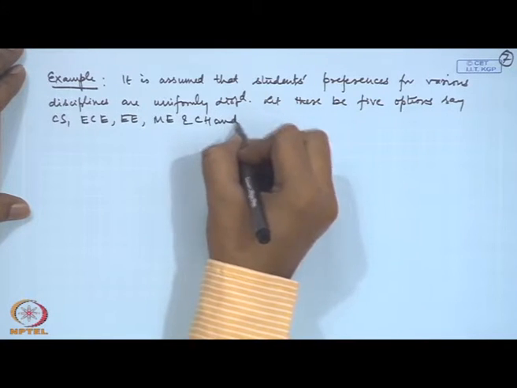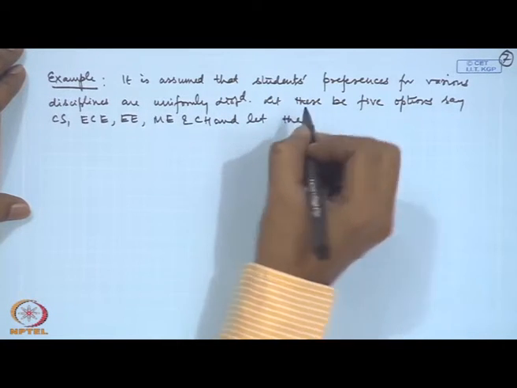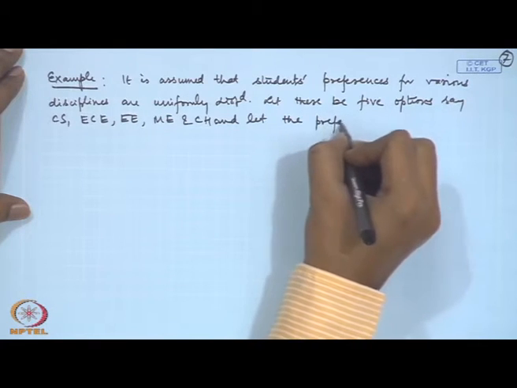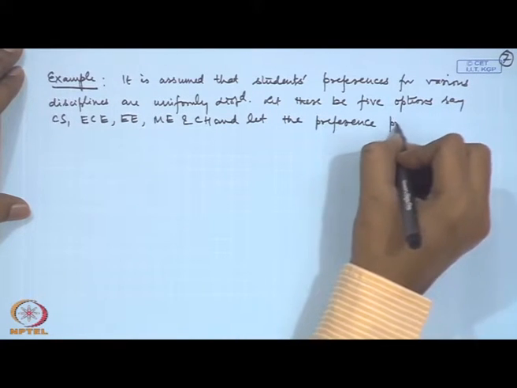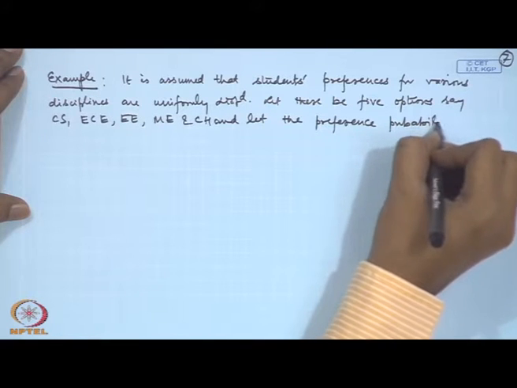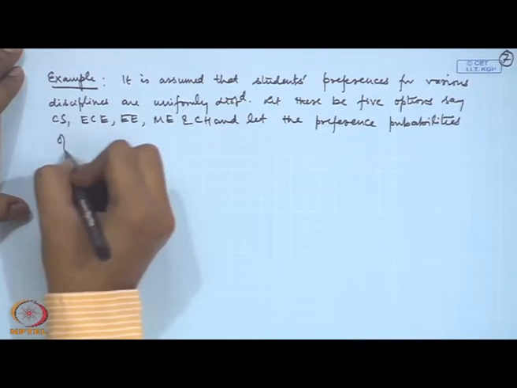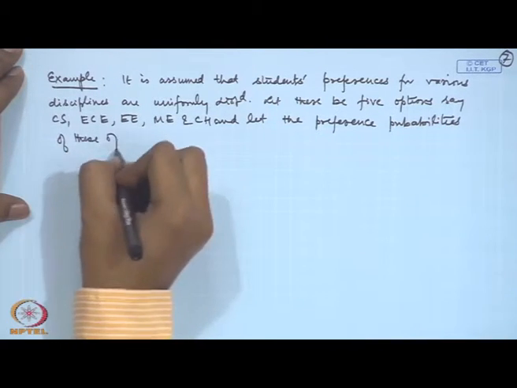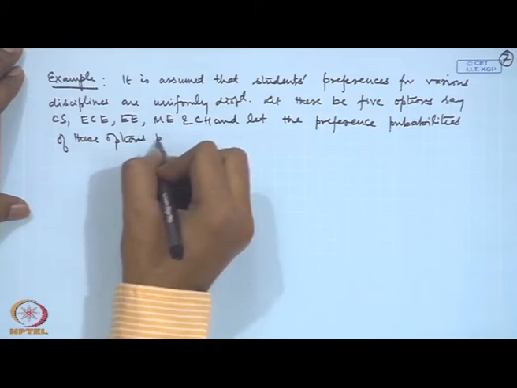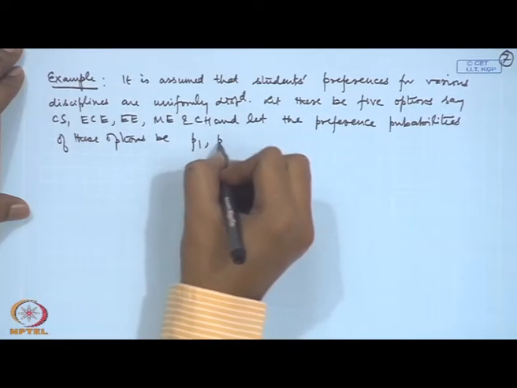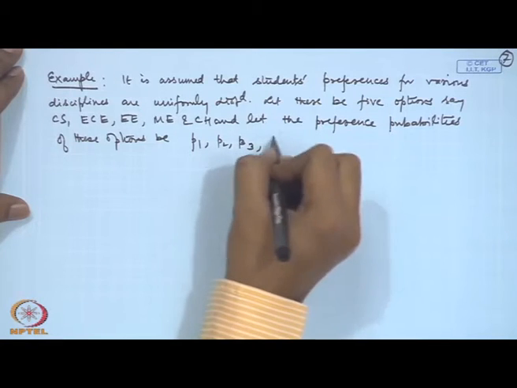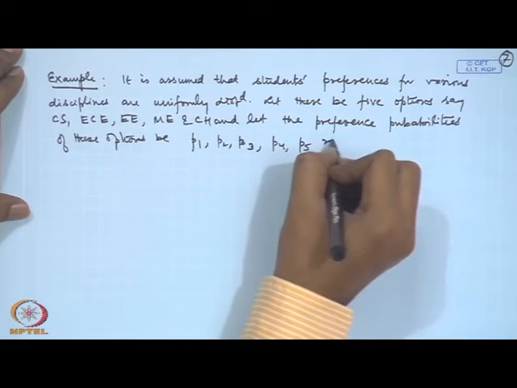and let the preference probabilities of these options be, say, P1, P2, P3, P4 and P5 respectively.